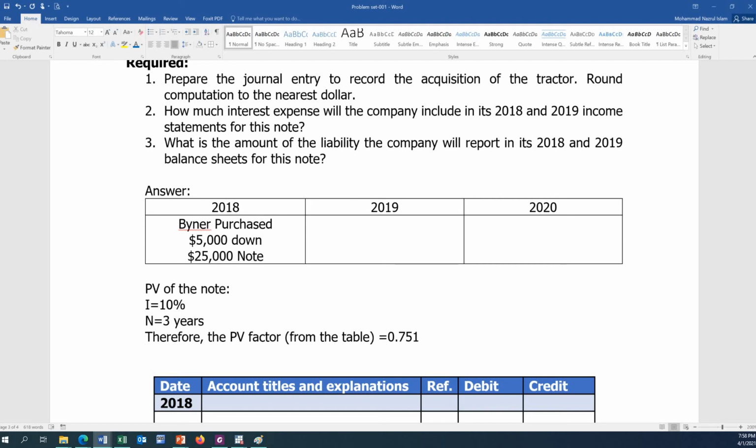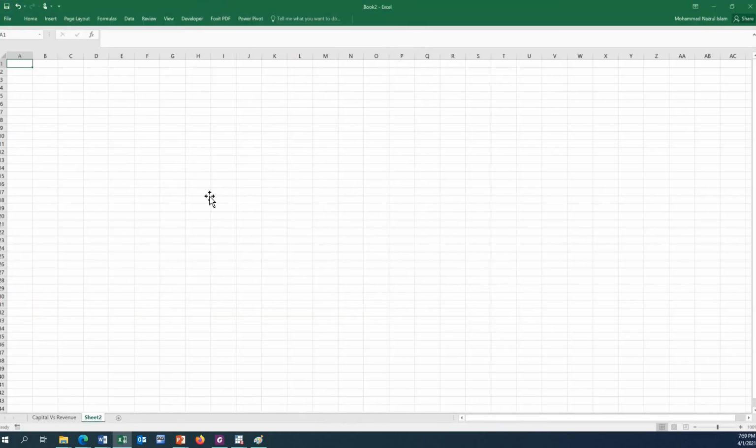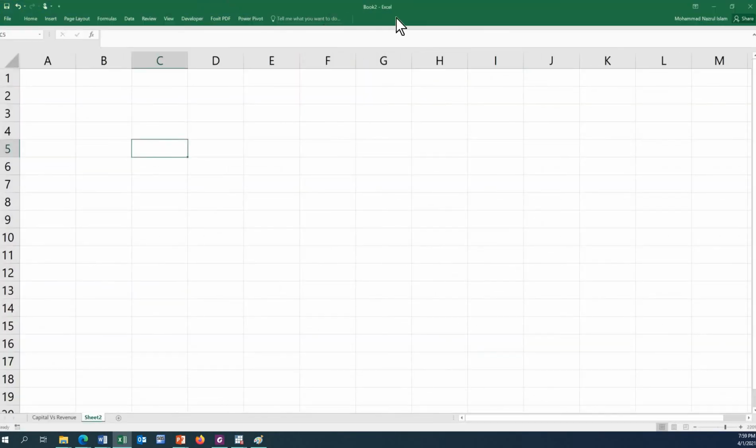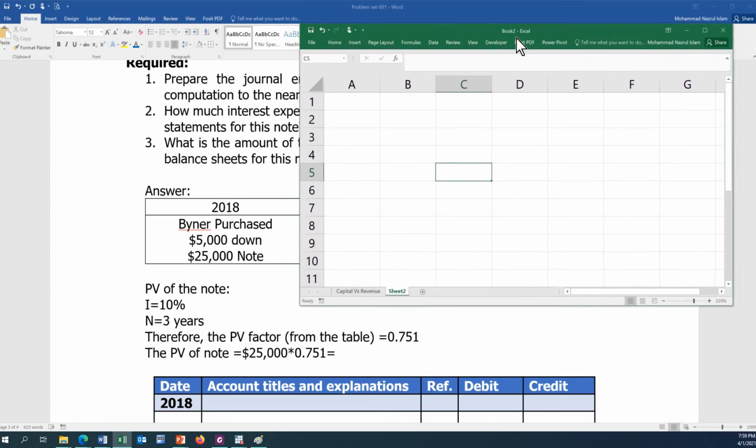And what we will do, the present value of note equals 25,000 multiplied by 0.751, which is equal to, let me see, so let's use the... okay, here you go.